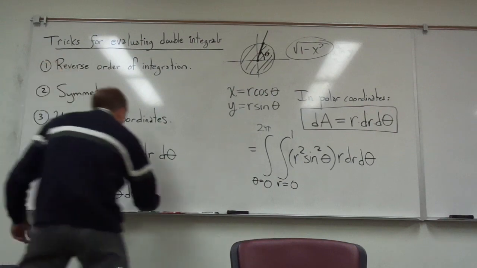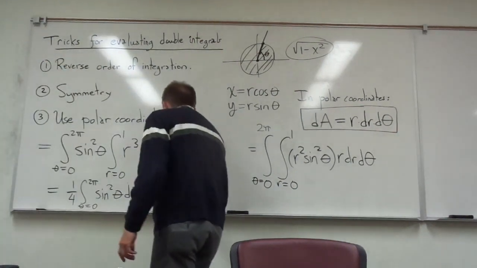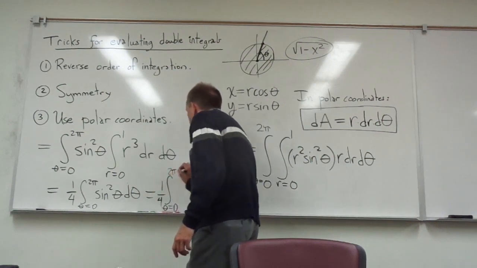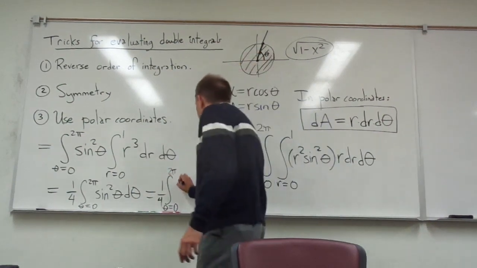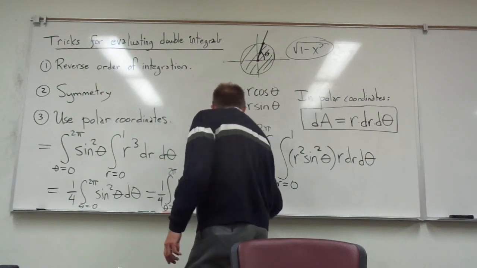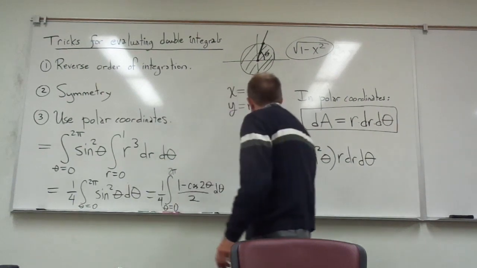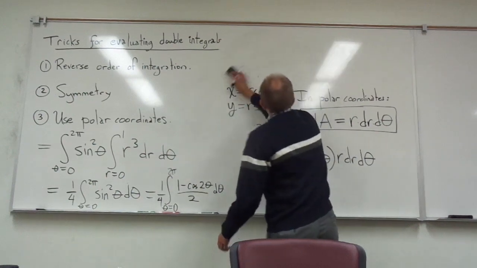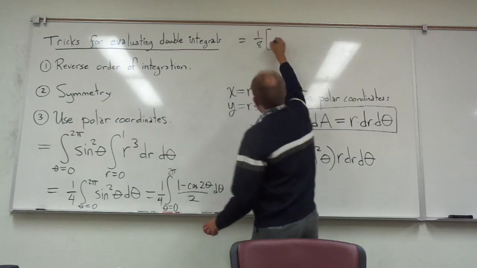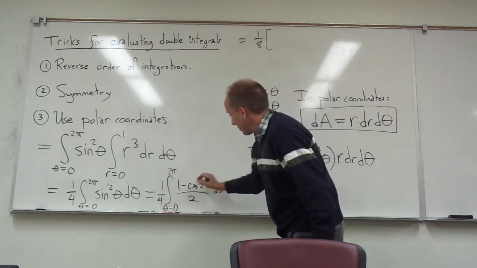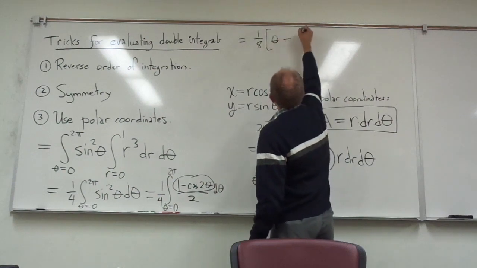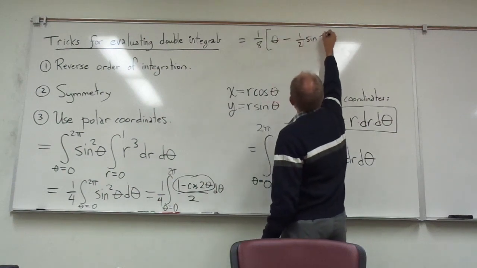And the way that you do that integral, you may remember from your previous math class, is you use a trig identity to write that as 1 minus the cosine of 2 theta all over 2. If I pull the 2 out, I'm going to get a 1/8. Now I'm just going to integrate this, so I get theta minus 1/2 of the sine of 2 theta.